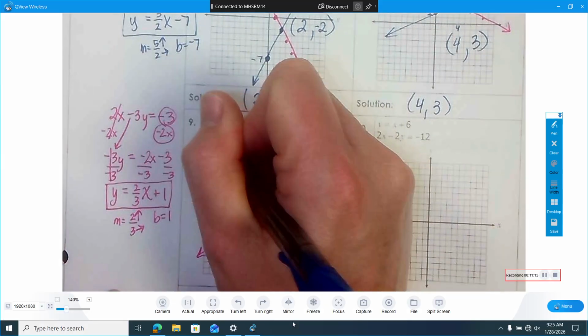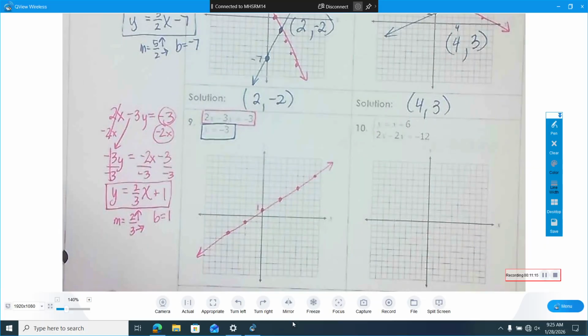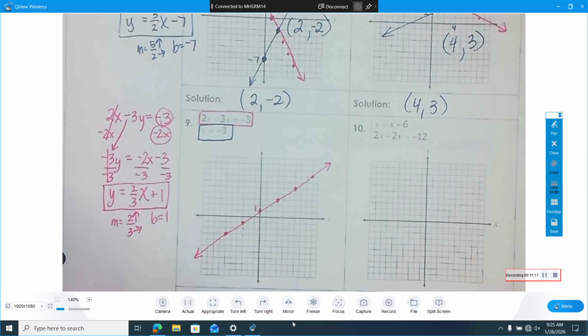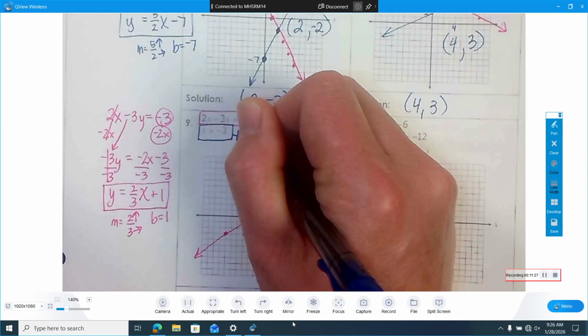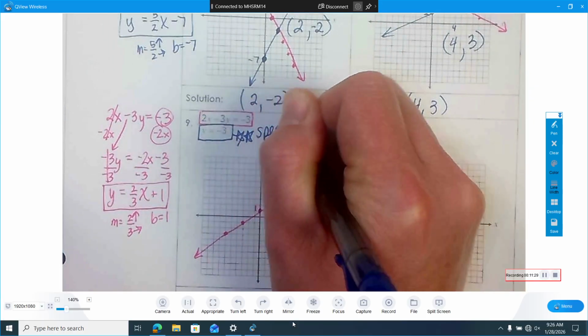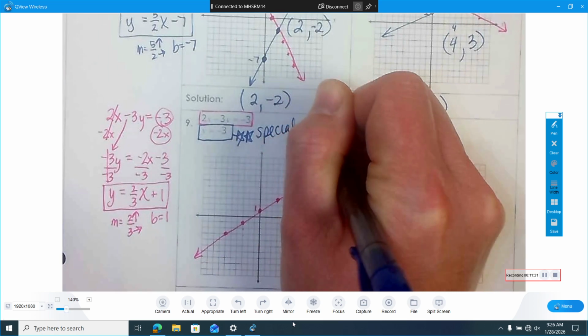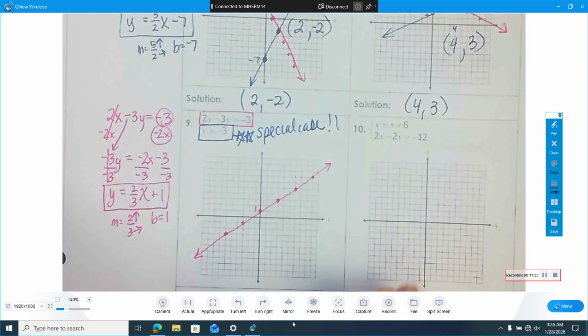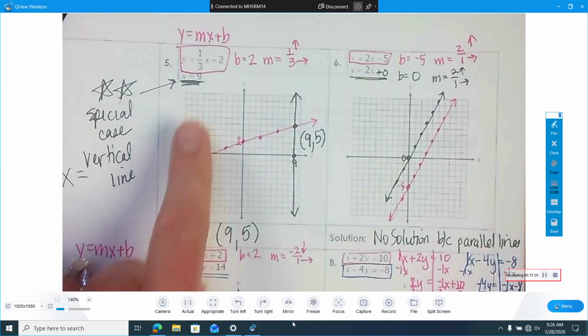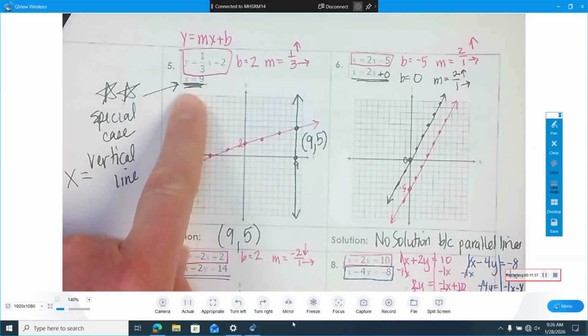Okay, my second line, is this slope-intercept form? No. It's not. It kind of is. It kind of isn't. The y is by itself, though. I would call this a special case line. So look at the top of our page. At the top, what we did yesterday, we had the special case line x equals 9.